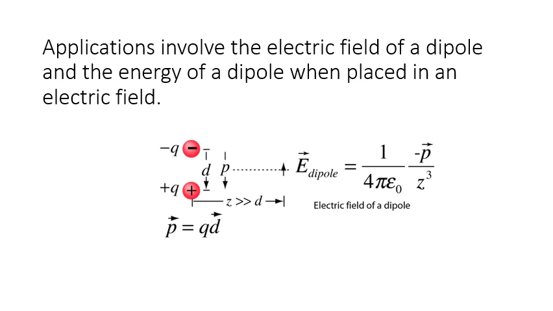We have discussed this in a separate lecture on calculation of electric field. It can be calculated in the axial direction and in the perpendicular direction. Here I have shown the perpendicular direction, and this value gives the idea of the dipole field.